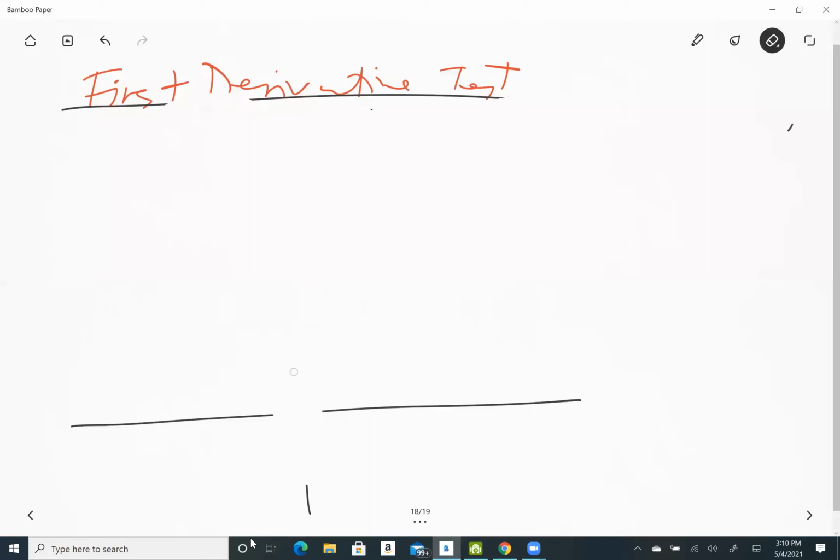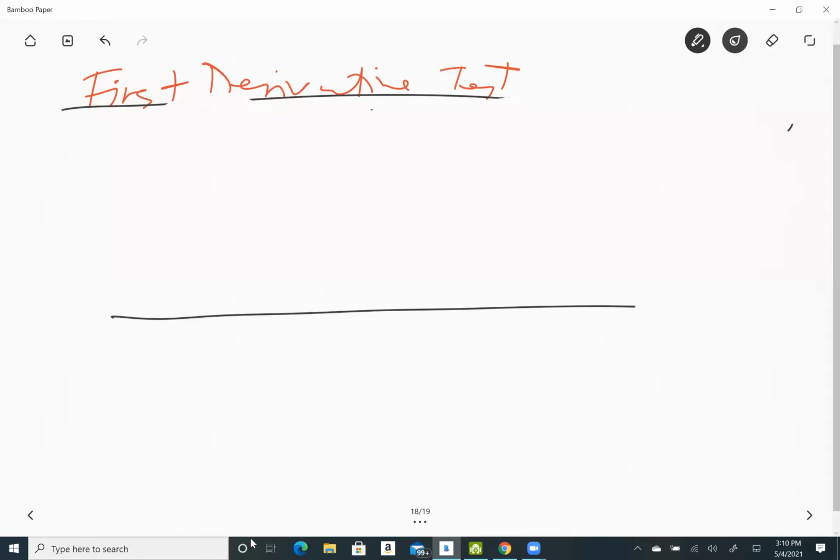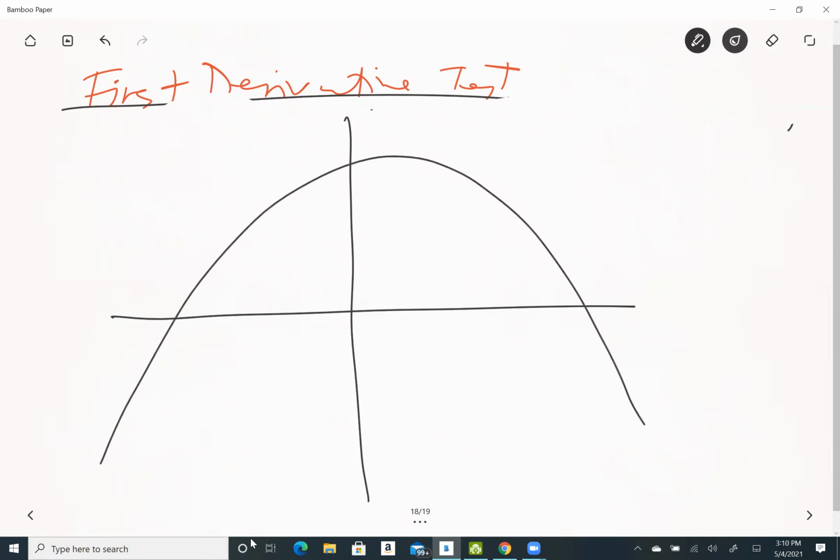So let me take that out. All right. So let's say I have a function looking like this. Okay. So you have a function looking like that, and y equal to f of x. This is x, that's y, and that's the 0 point.